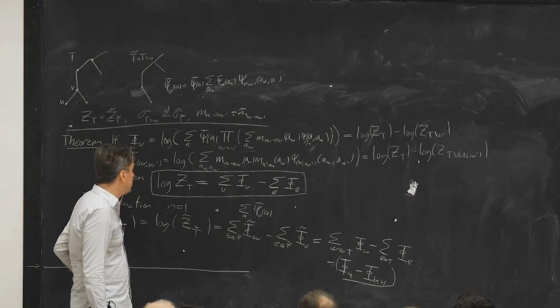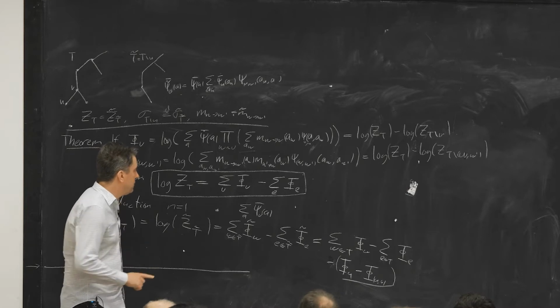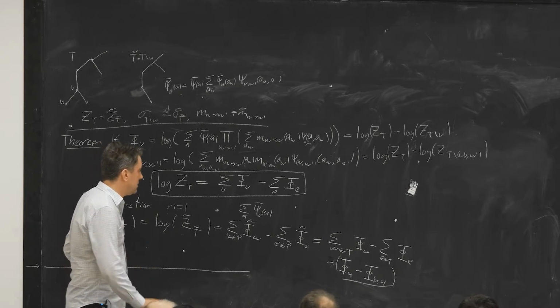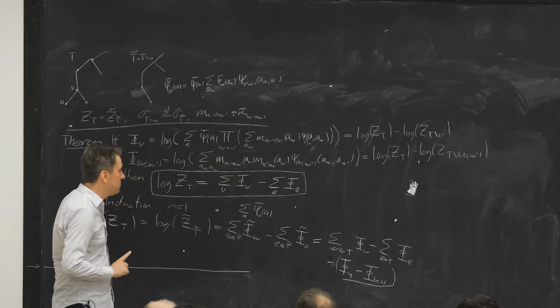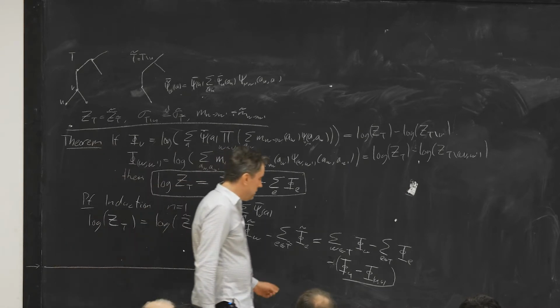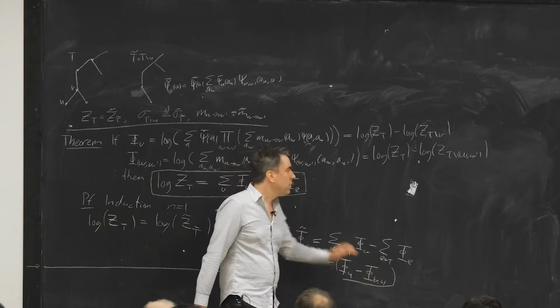Okay. Because if you remove, minus, then log Z_T should be this. Okay, yes. So why is this suspicious that this is 0?